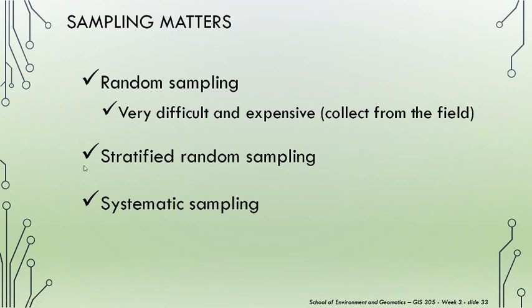Stratified random sampling is an approach by which there's first a judgment call that is made as to the areas that are deemed accessible, the sites that might contribute to a sufficient range of access points to all the classes of interest that you have in your class hierarchy, for instance, and then within those areas you apply some kind of a random sampling technique, and that makes it a lot easier logistically and a lot less expensive.